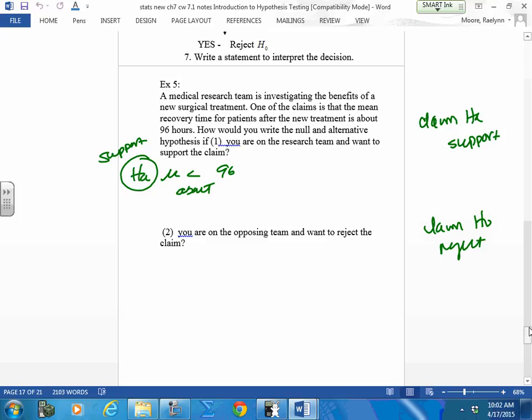For recovery from an operation, from a medical procedure? No. So if I say it's about, do I want people thinking it's going to be more than? No. I want people thinking it's going to be less than. So I, as a person on the team, I'm going to say it's going to be less than, still about, but I'm going to say less than 96 hours.